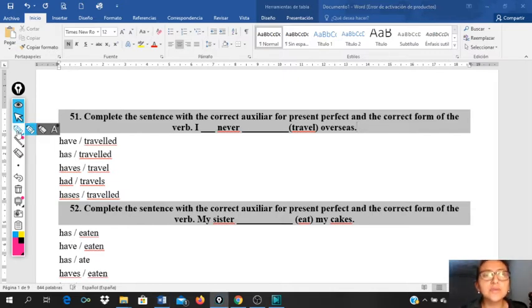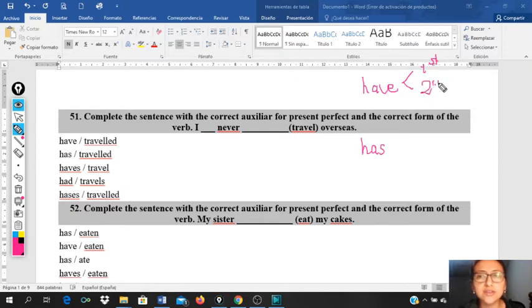And we are going to remember that we have two auxiliaries. We have the auxiliary have and the auxiliary has for this tense, okay? Tenemos dos auxiliares para este tiempo. For example, have we use with first and second person, okay?